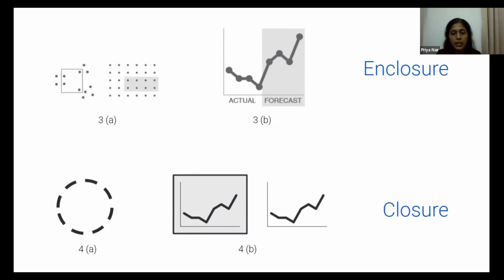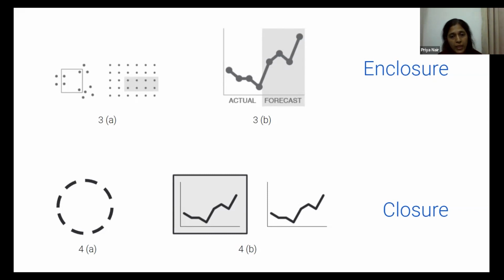Then next is the closure principle. If you look at 4A, you will perceive it as a square, as a circle, even though a lot of elements in between are missing. But as I said, we subconsciously have that perception of looking at things as a whole rather than as separate. So that is what this principle tells. So we feel that it is a circle.